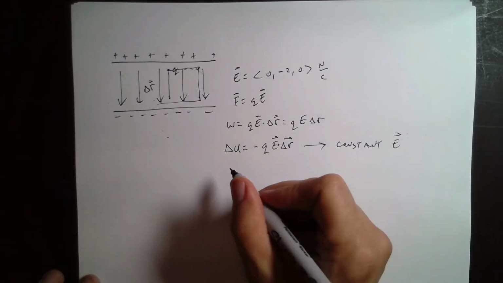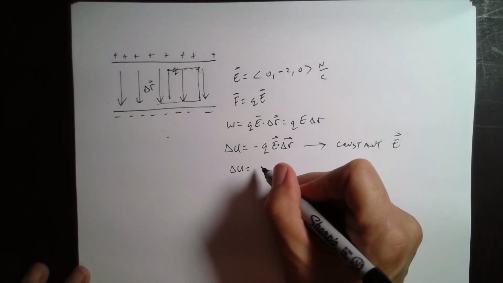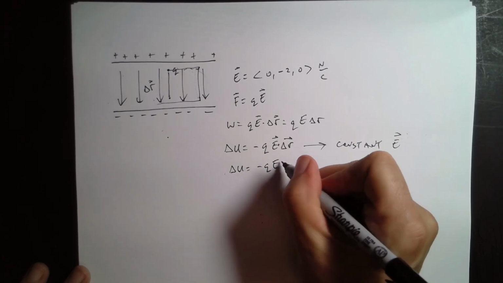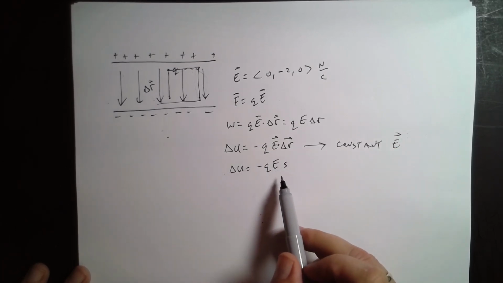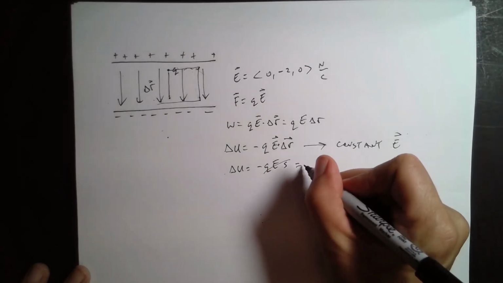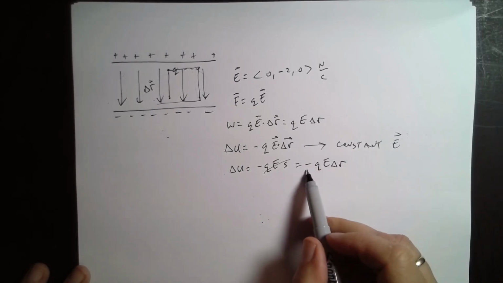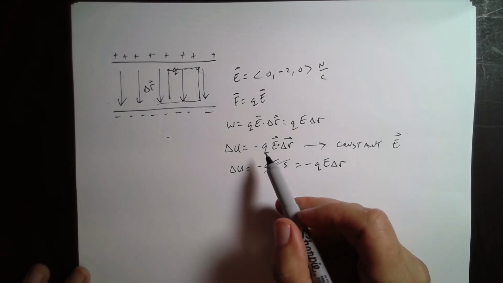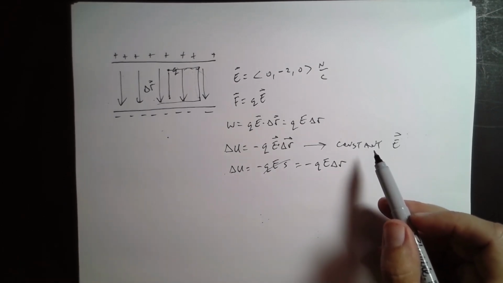A lot of times you'll see it written like that, or delta U equals negative Q E S, where S is the distance. I get it, it's okay, but it'd be better to write it as negative Q E delta R. And why is that negative there? Because we took the work done by the electric field and moved it over to the other side, and that's how we got it.